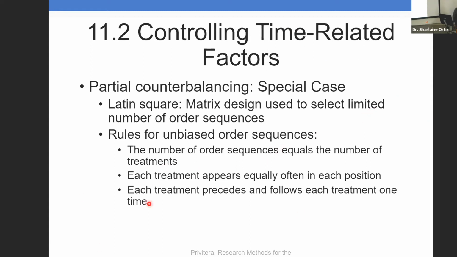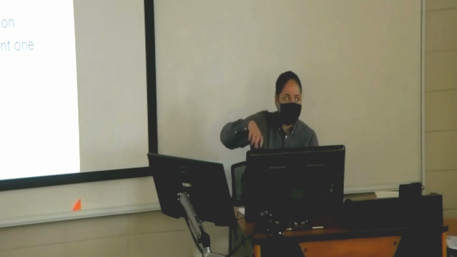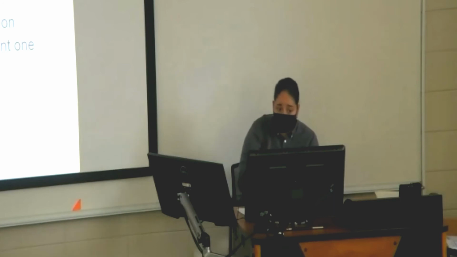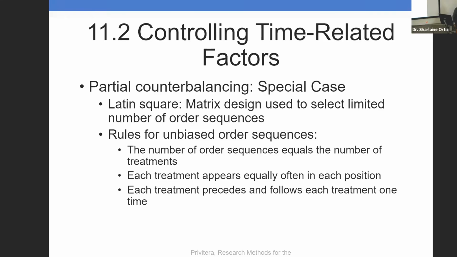Notice that in order for this process to be unbiased, right? So for example, you don't have a preference of BB, BBA, and then you keep finding yourself with that sequence, you would use the Latin square. Now, in order for that to be functional, notice that there are some rules for an individual to conduct an unbiased order of sequences.